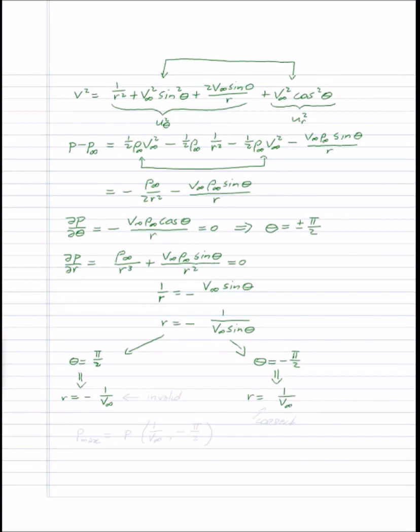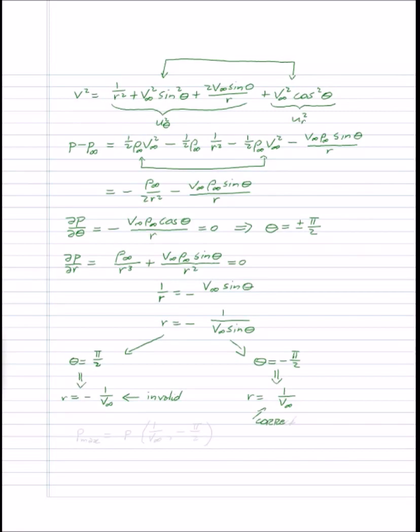Now, V infinity is a positive number. So if V infinity is positive, then what I'm getting here is a negative value for R, and R is the polar coordinate in radial direction. So the radial direction is always, by definition, going to be positive. So this is an invalid result. So my final result is going to be that one.